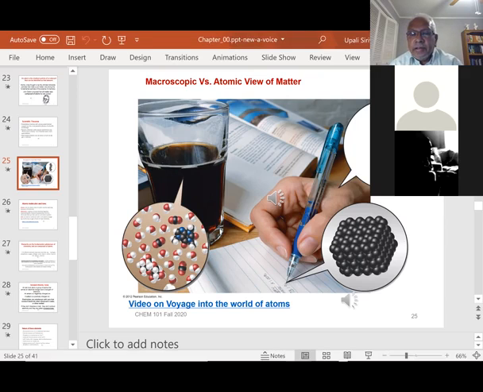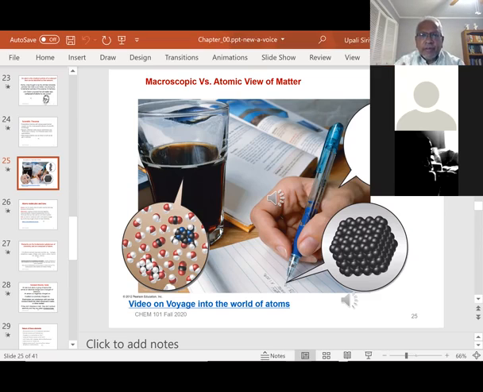On the hand, in the picture, the hand is made out of muscles and bones and a complex structure, but the outside is proteins. Proteins are made of amino acids, and you can see a picture of atoms and molecules making up the hand. So that's the atomic view of matter.